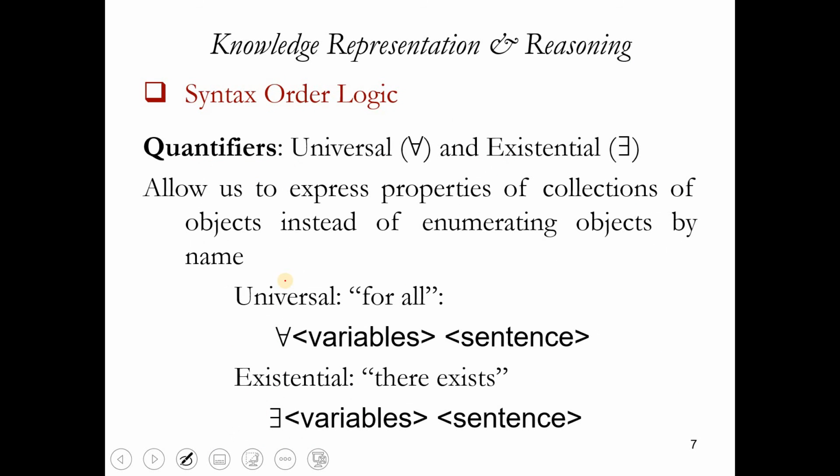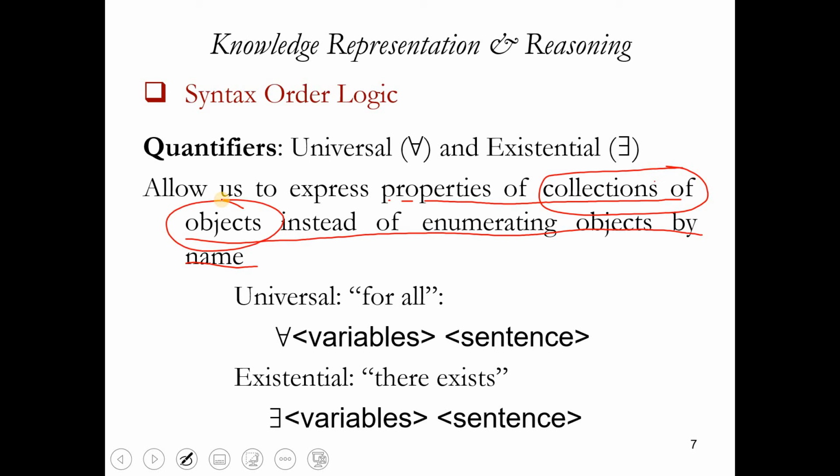So quantifiers, universal and existential, allow us to express properties of collections of objects instead of enumerating objects by name. So we can explain something about the whole set of objects, not only one object or a set created by me.